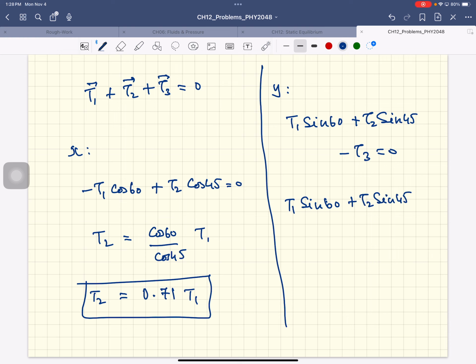And T3 is equal to mg, the weight you're supporting. And T2 is 0.71 T1, so T1 sine 60 plus T2.